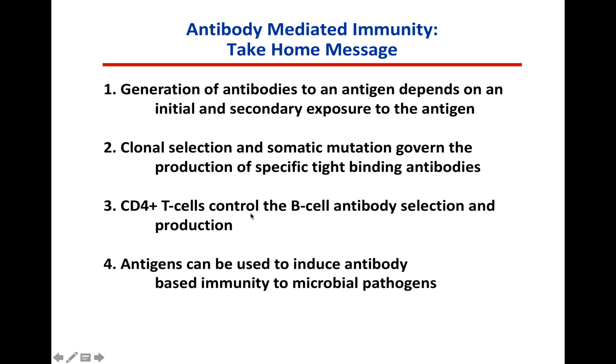CD4 positive T cells control this B cell antibody selection and production, and other APCs like dendritic cells and macrophages are important for priming that system and getting it going so that they can activate the B cells to get, in the end, memory B cells, memory T cells, antibody, and more activated T cells and B cells.